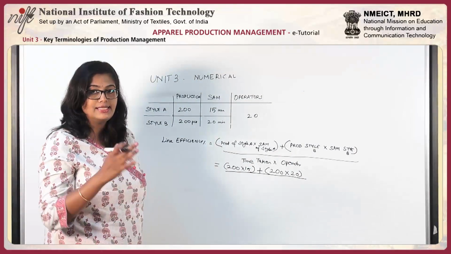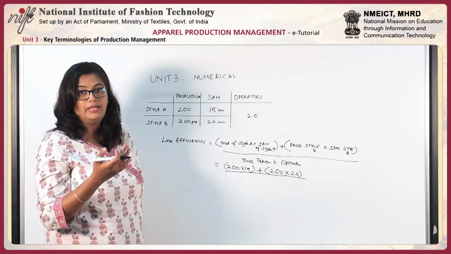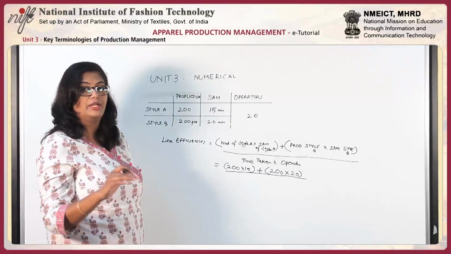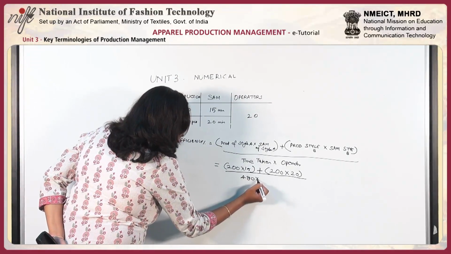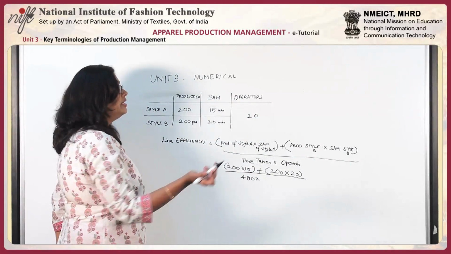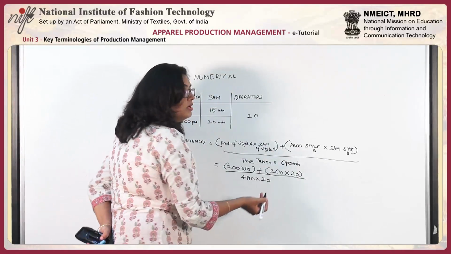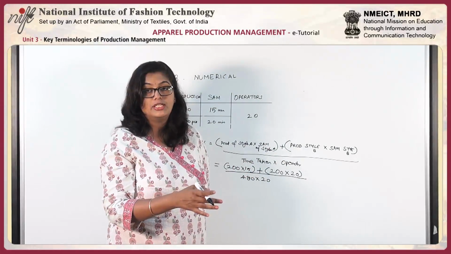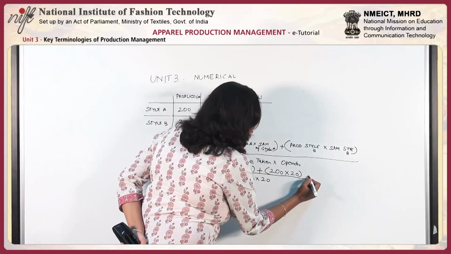Generally time taken is 8 hours working in any factory. If not mentioned, it should be taken as an 8 hours working factory. So it is 480 into number of operators mentioned here are 20. Since we are calculating efficiency, by default please multiply by 100 because it is a percentage result.